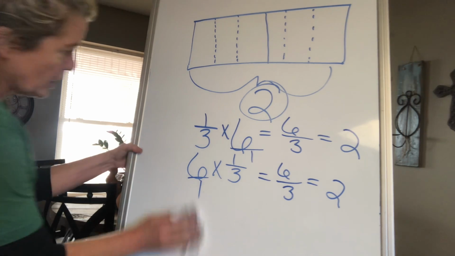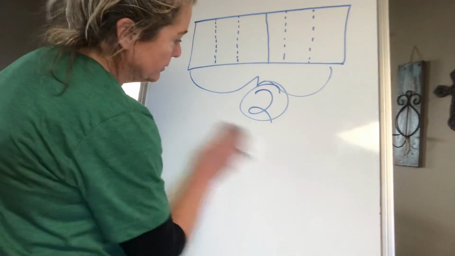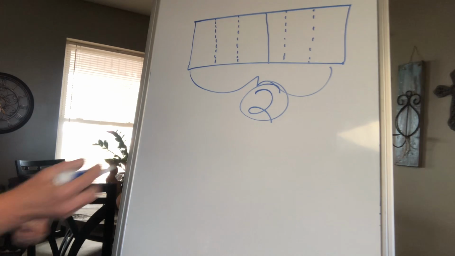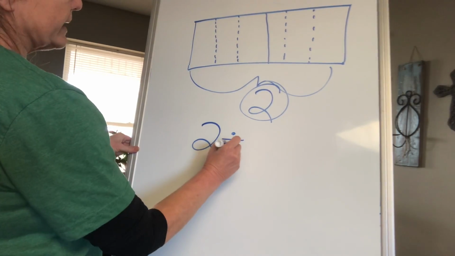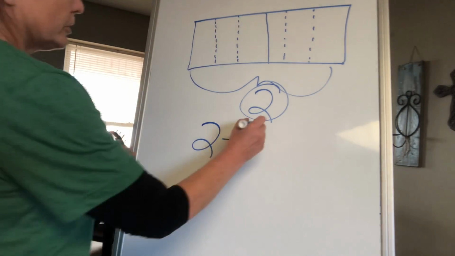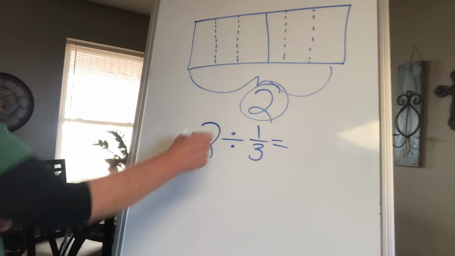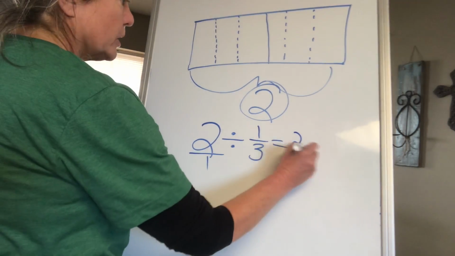And if they asked you to also write it as a division problem, we have 2 pounds that was being divided into thirds. If we're dividing, we keep the first one.